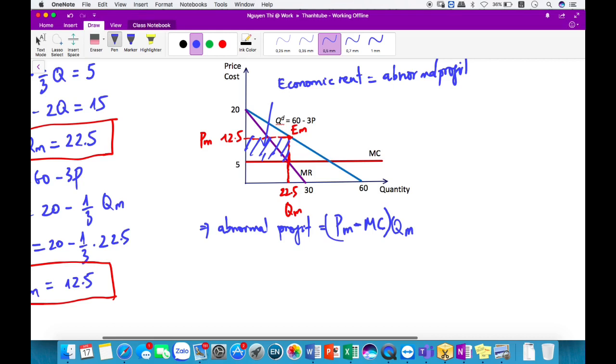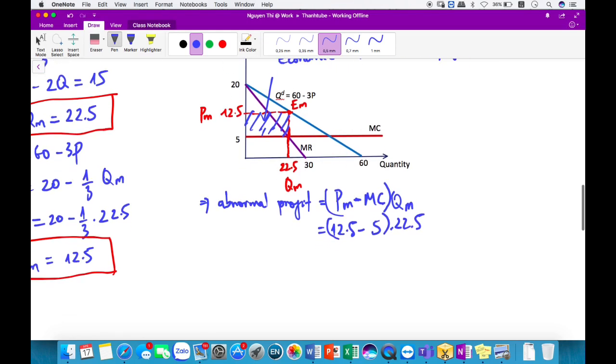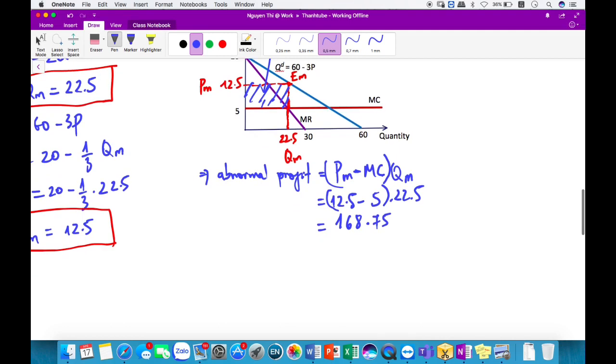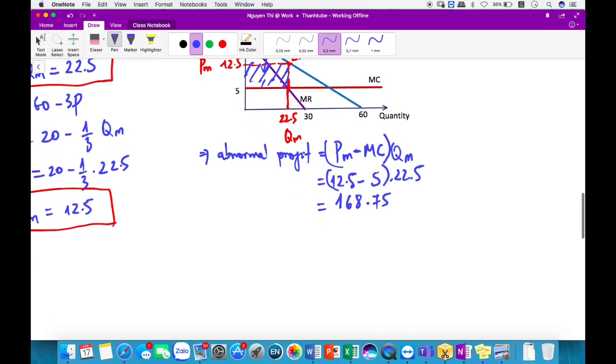This equals 12.5 minus 5 times 22.5, and so it's equal to 168.75.